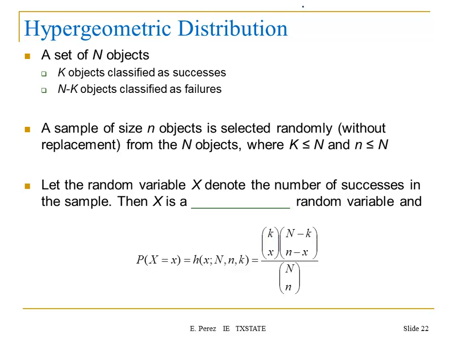And this is going to be selected without replacement. Now, let the random variable x denote the number of successes in the sample. Then, x is a hypergeometric random variable that is described by this probability function.